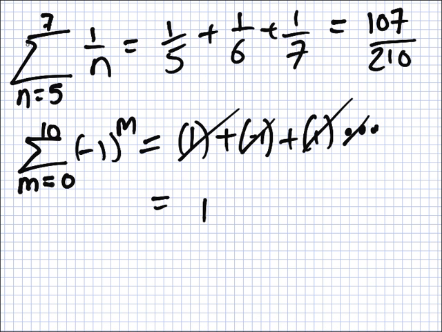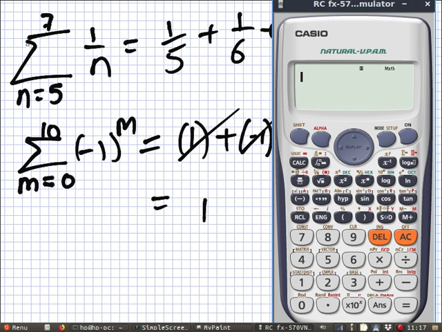It's just loading. There we go. Now, can you see here on my calculator, if I press shift, I have this sum button here. Well, for me, it's above the log.